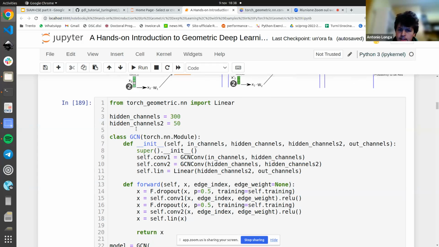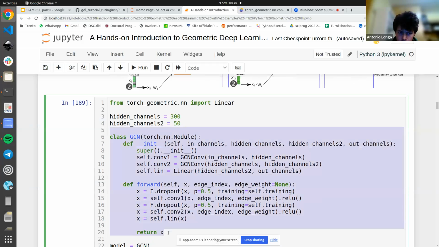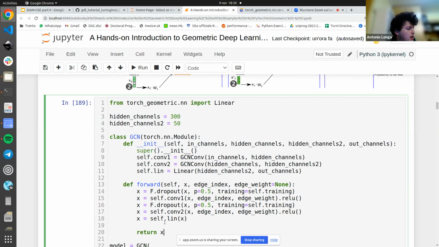We have instantiated our GCN, with the only difference that now we are specifying even the hidden channel number 2. Indeed, we have our convolution that goes from our in channel to the hidden channel, then from the hidden channel to the hidden channel 2, and finally from the hidden channel 2 to our out channel.